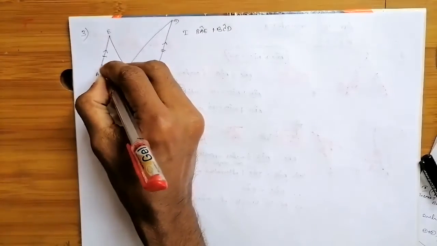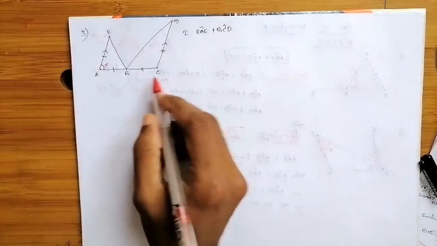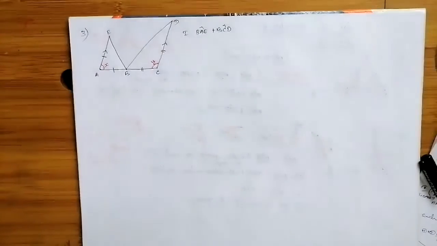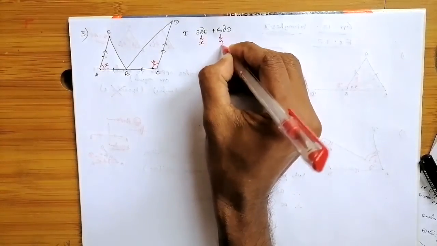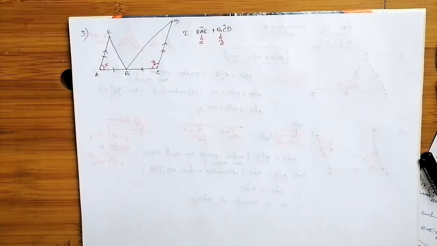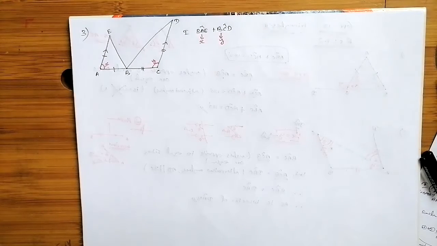BAE we mention as X, BCD we mention as Y. So we need to find the value of X plus Y. Using the figure, think about what the position of X and the position of Y is.